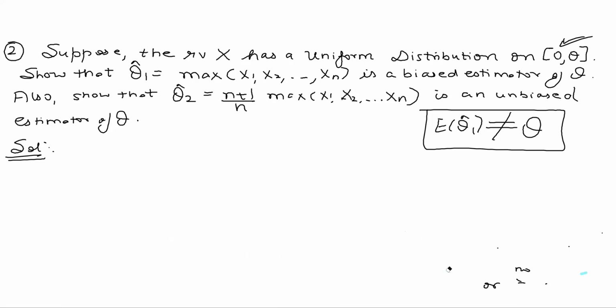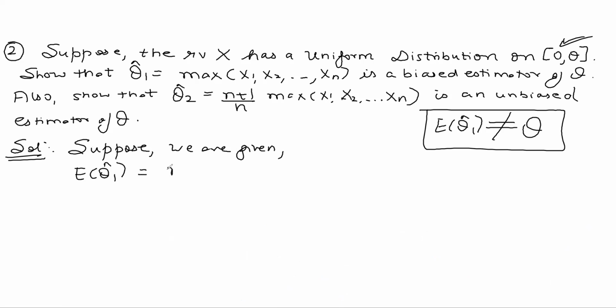So suppose in the question we were given that the expected value of theta 1 hat is equal to n upon n plus 1 times theta. You can clearly see that this is not equal to theta.